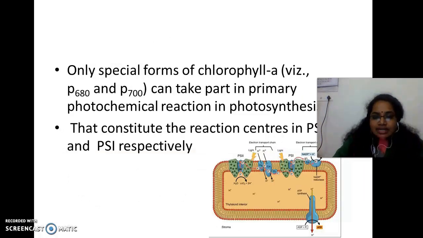What I said earlier is that only a special form of chlorophyll A, called P680 and P700, can take part in the primary photochemical reaction in photosynthesis. All other chlorophyll A molecules also act as accessory pigments or antennae molecules which absorb light and transfer it to the reaction center, which is called P680 and P700, that constitute the reaction center in PS2 and PS1 respectively.